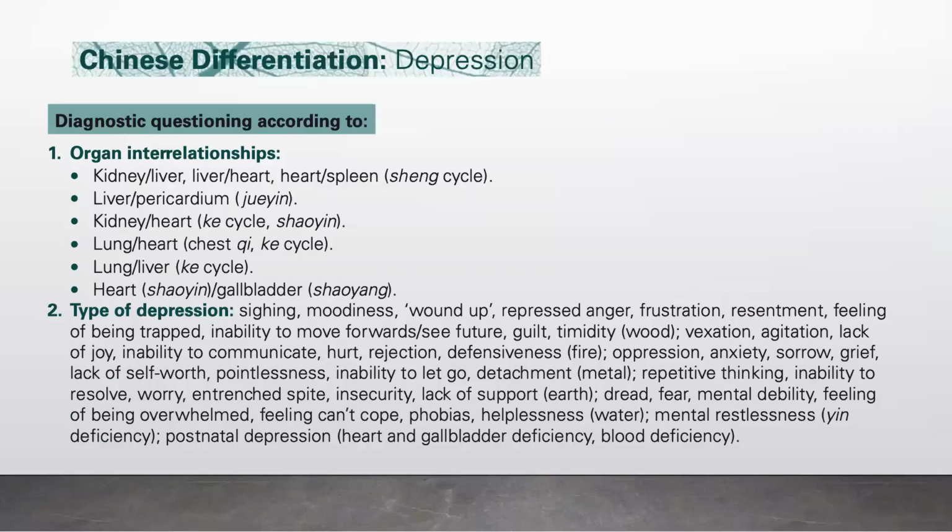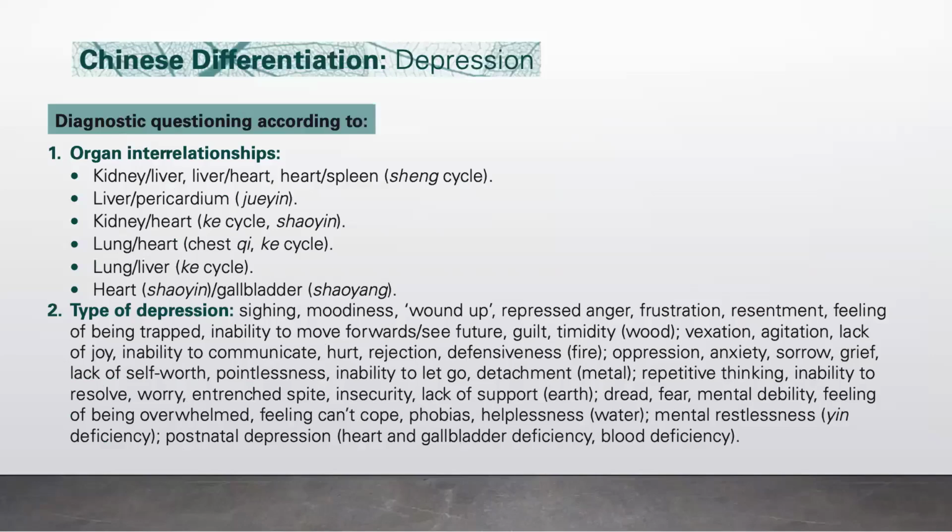If there is vexation, agitation, lack of joy, inability to communicate, hurt, rejection, defensiveness, these all are indicative of a disharmony of the fire. If there is oppression, anxiety, sorrow, grief, lack of self-worth, pointlessness, inability to let go, detachment, these are indicative of a disharmony of the metal element.